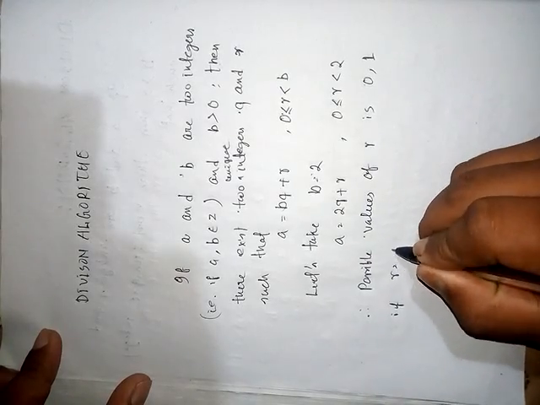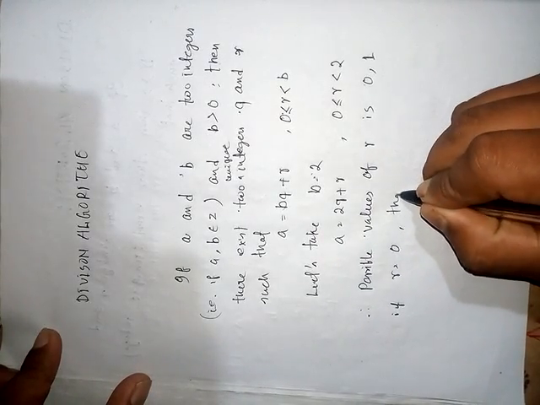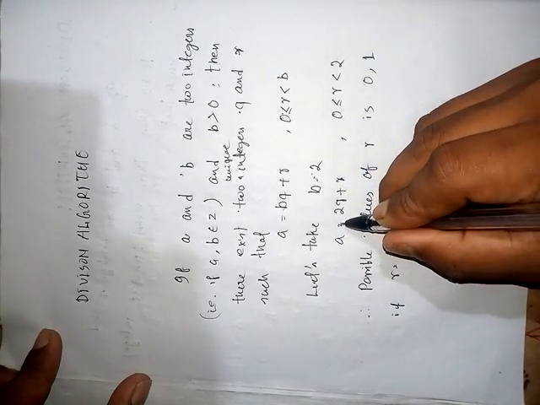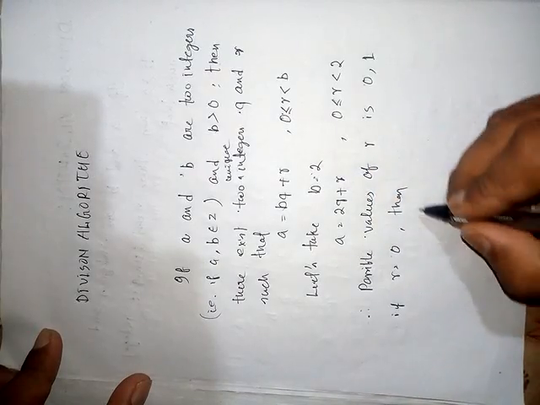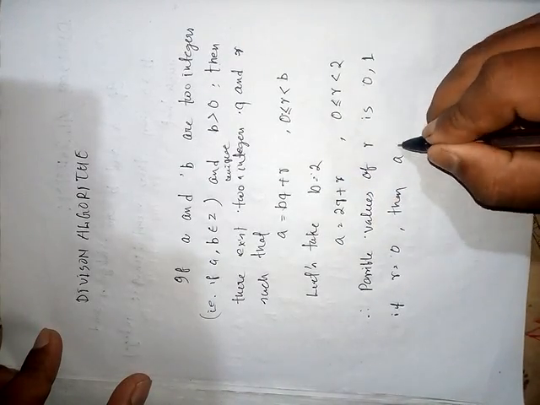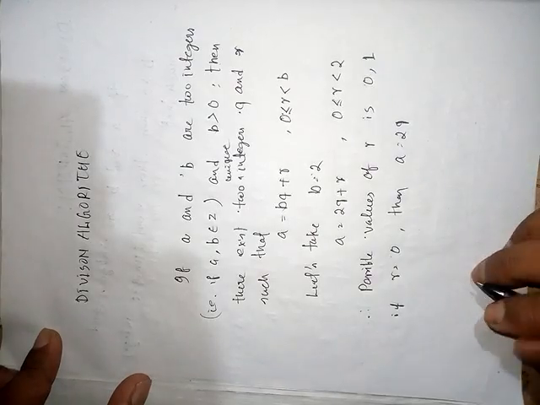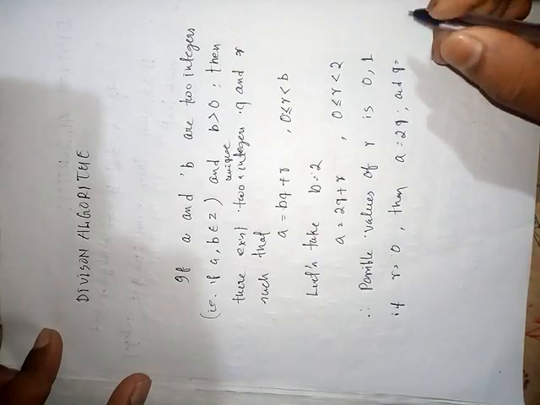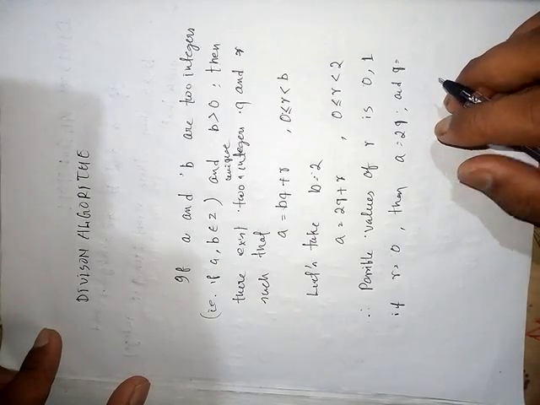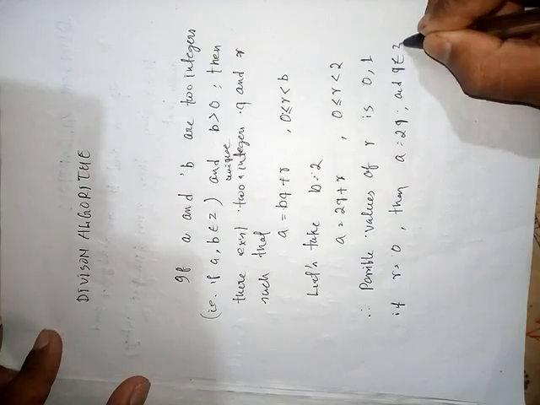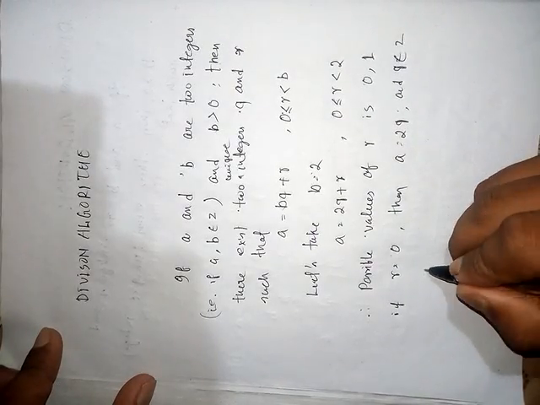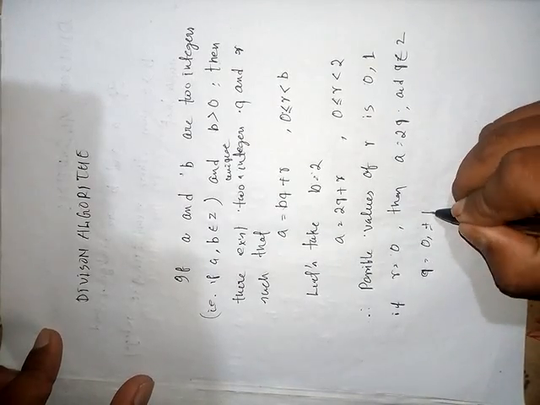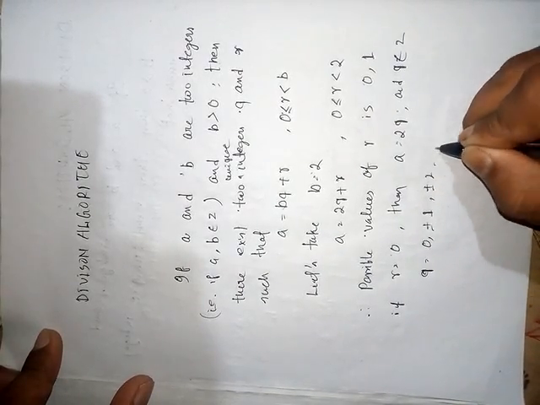Now if r equals 0, then a equals 2q, where q belongs to Z. Q belongs to Z means q can take values 0, plus or minus 1, plus or minus 2, and so on.